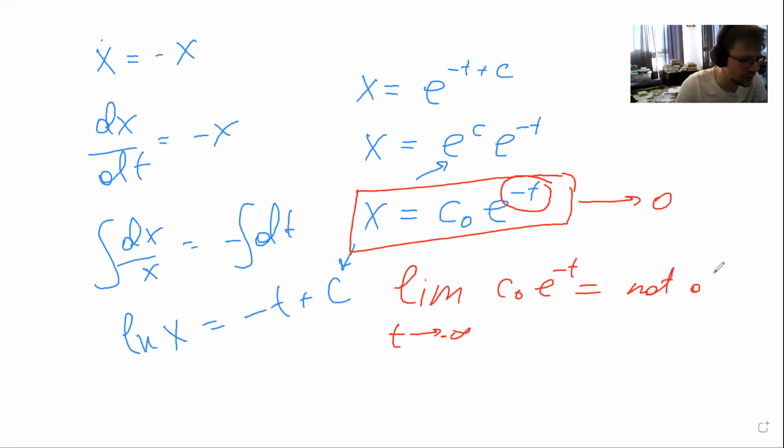Not defined. You can say that it approaches infinity, but which infinity? Minus infinity, plus infinity, depends on the sign here. And in general, if it was oscillatory, if there was a sine here, it would become even more messy.